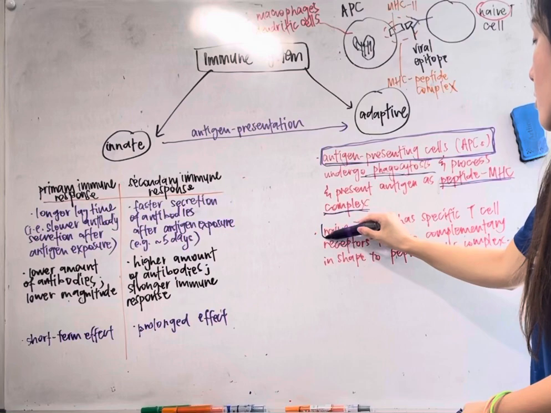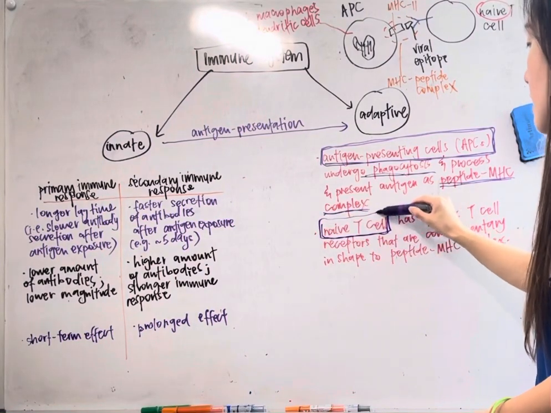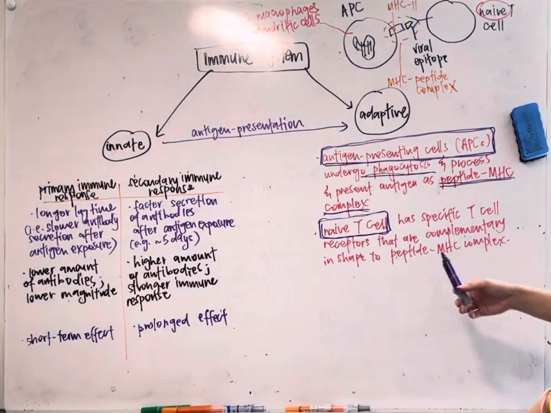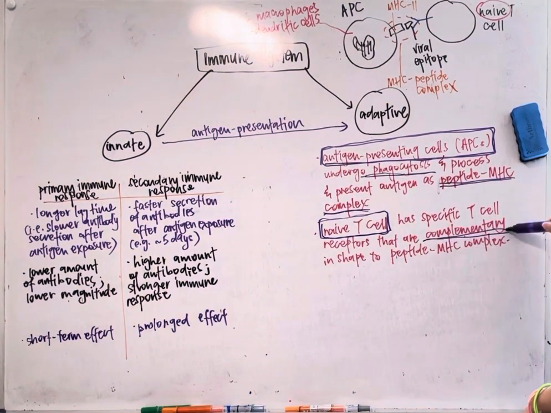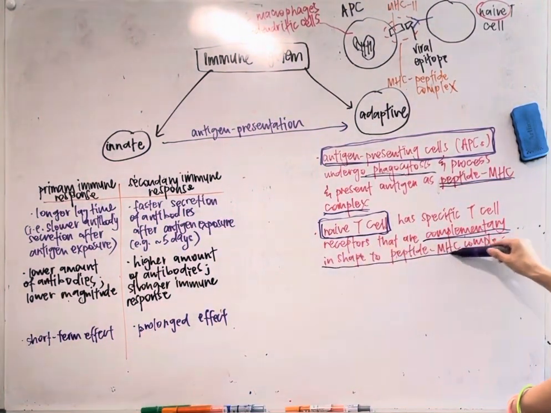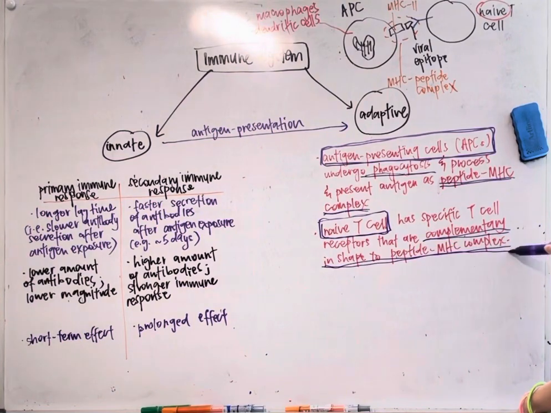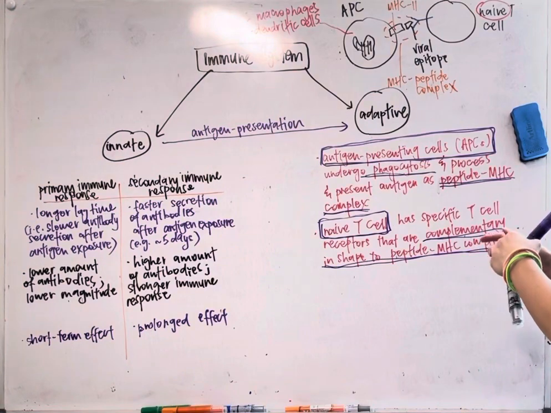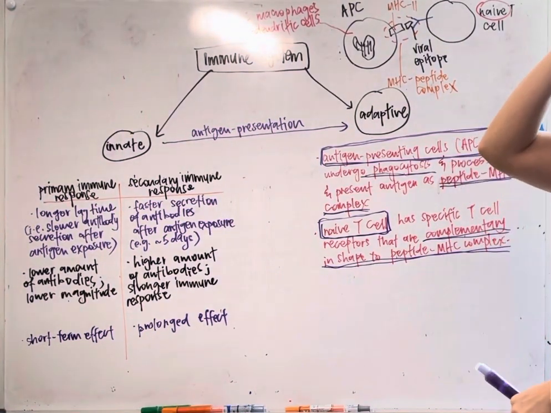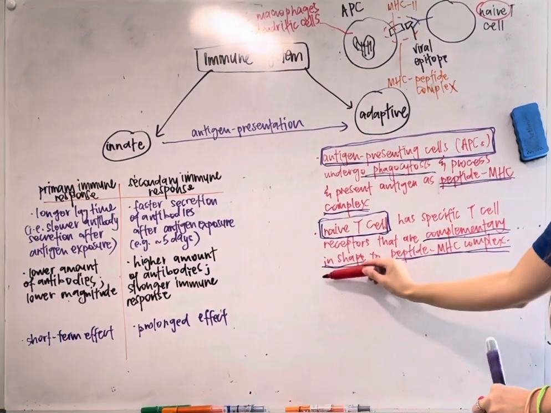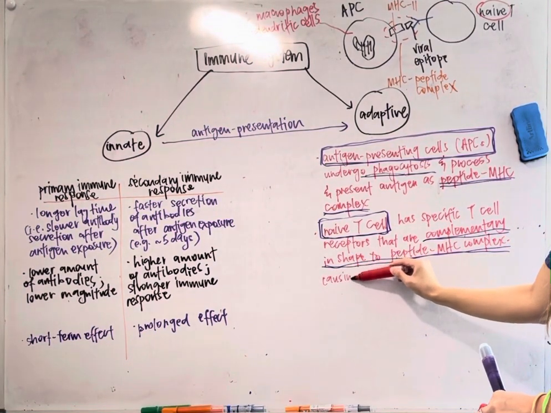So the next cell you're always involving is your naive T cell. Naive T cell can either be, usually we will talk about your CD4, which is going to be your T helper cell. I must see the keyword complementary in shape to what? This is always bold and underlined all the time. And then this naive T cell is activated by your APC that will secrete cytokines.